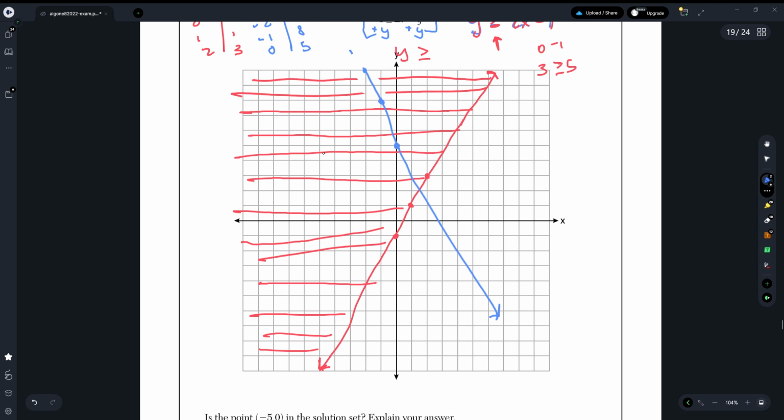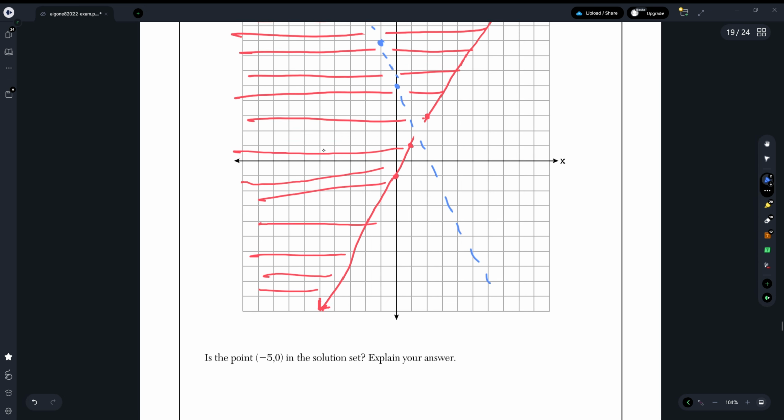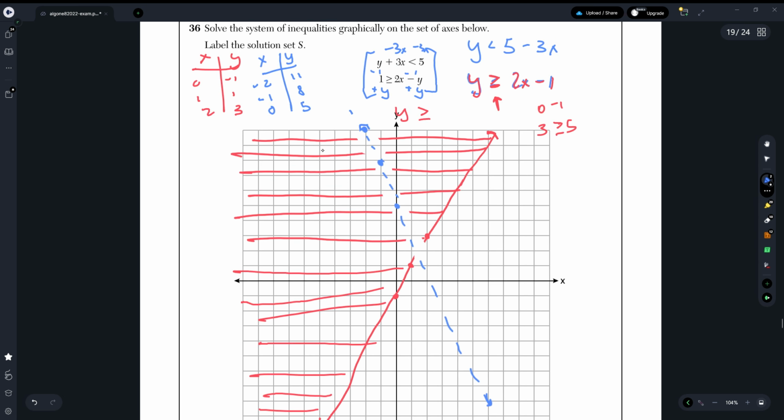Boom, boom. And remember, guys, I actually made a little mistake here. Like I said before, this needs to be a dashed line. So just make a quick dashed line going all the way down. It's a dashed line because it's greater than, which means that our solution set cannot lie on these points.